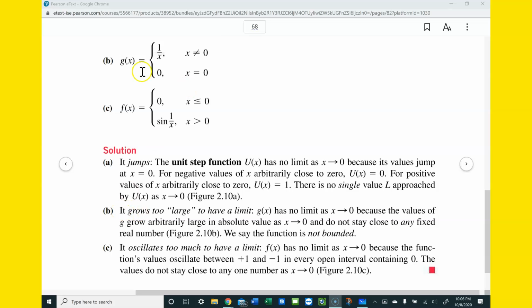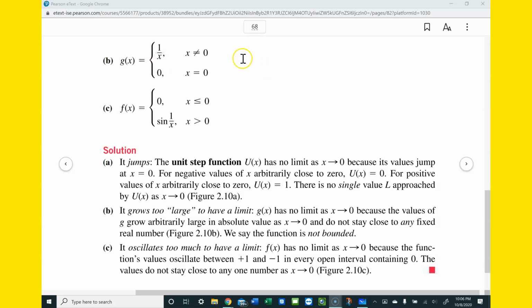Part B. You might want to pause it and read these more precise explanations. Part B, we said this already. 1 over x grows too large to have a limit. No matter how close you get to 0, you can always imagine getting closer.